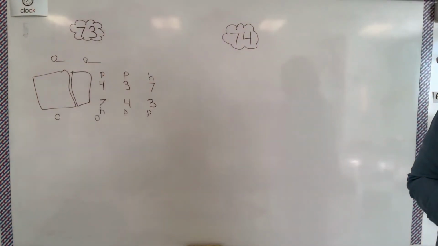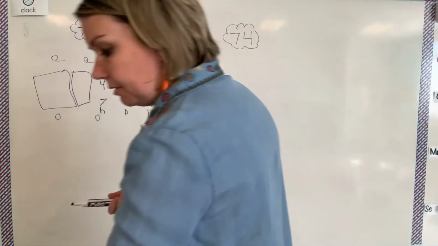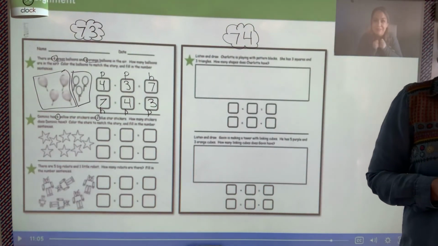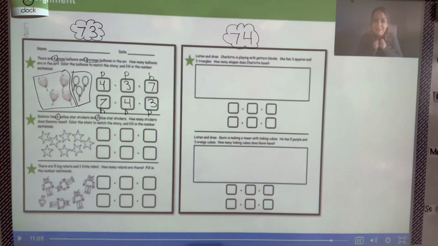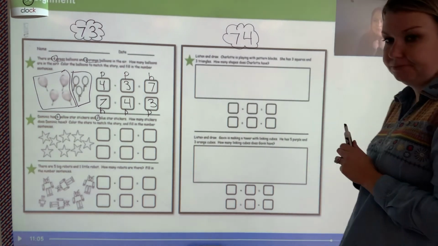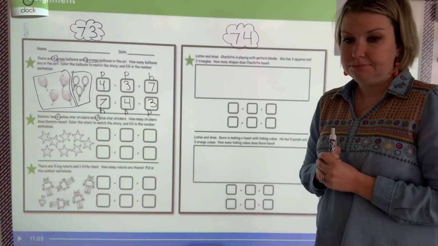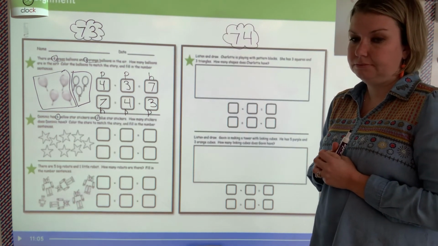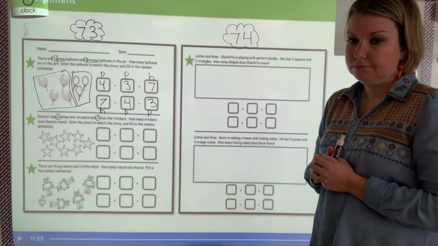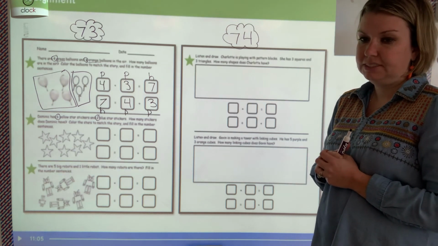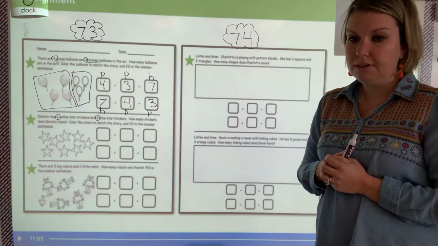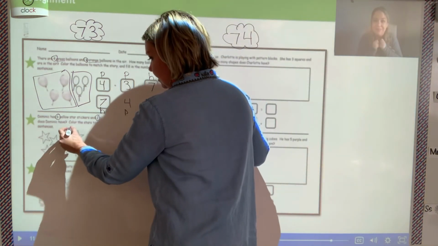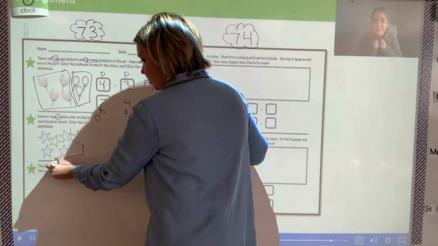When you're ready to talk about it, put your hands on your head. Okay, so I circled the number 6 and the number 2.